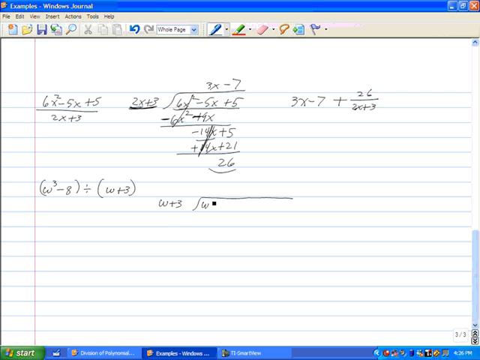So w cubed comes first, but there's no w squared to fill in this place, to be a placeholder. So I have to write in a 0w squared, just to hold that place. There's no w, so I have to write in a 0w. There is a constant, so I'll go ahead and put it in.